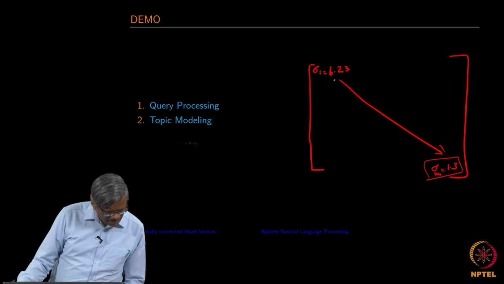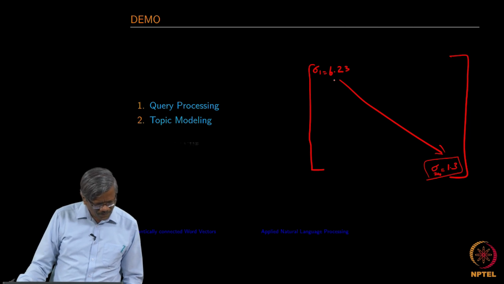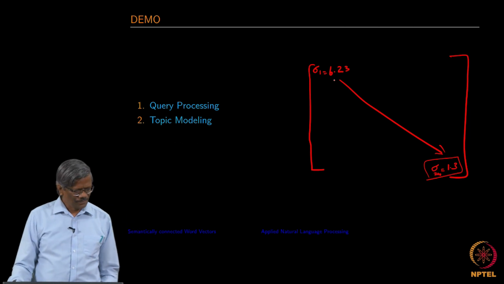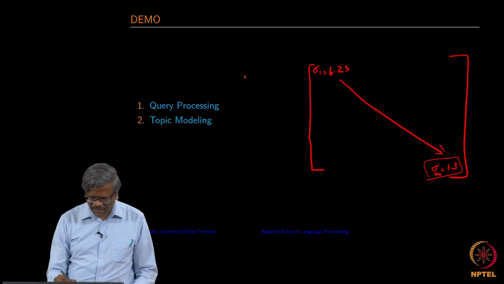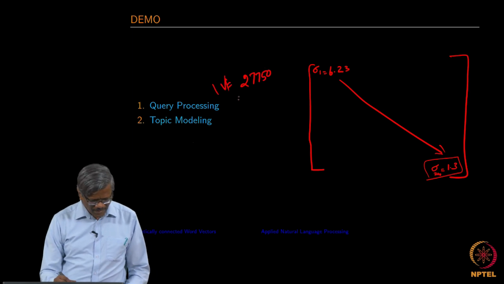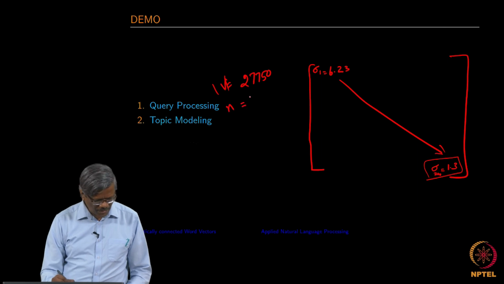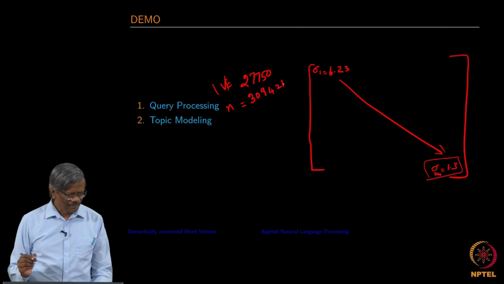Another parameter that I have noted is that it contains 27,750 unique words, and if you look at the noun count, it is about 309,421.